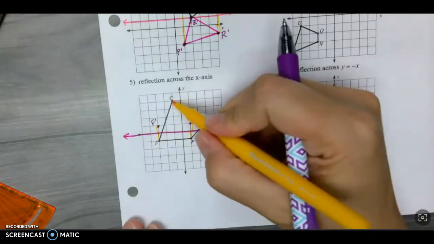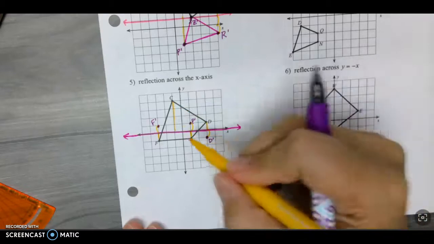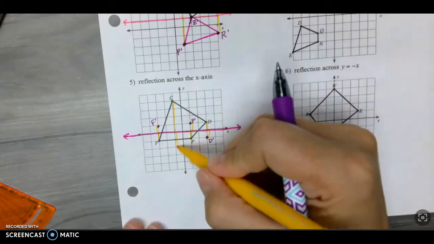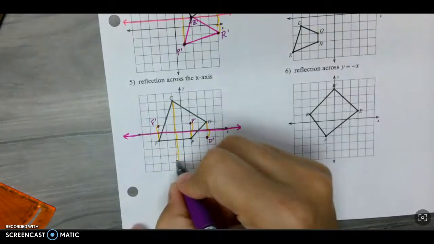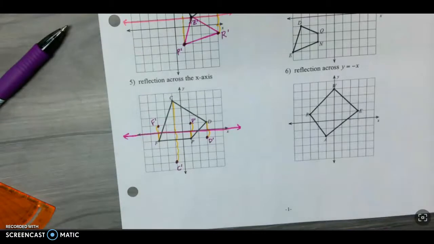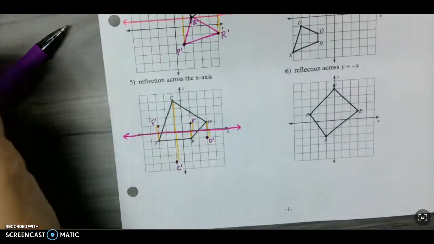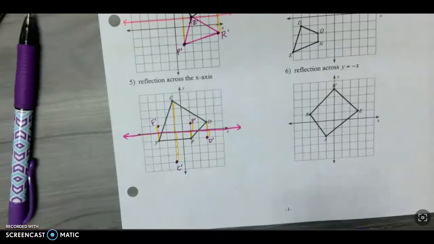And finally, C is 1, 2, 3, 4 units above the line, so I'm going to have 1, 2, 3, 4 units below the line of reflection to get C prime. Okay, so we're just counting distance from our line of reflection to find the image.